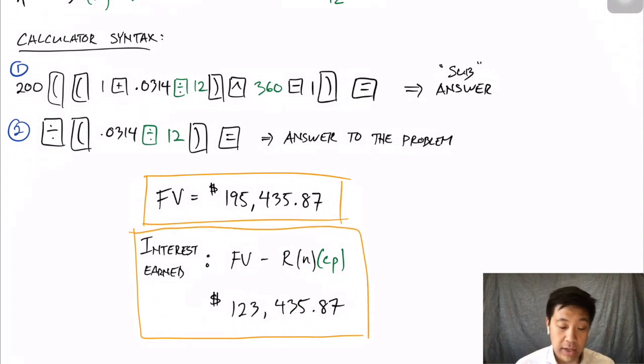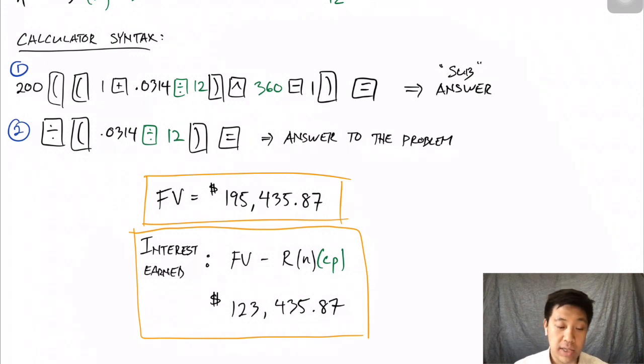So again, future value is how much is in the account after maturity, $195,435.87. And then the interest earned is that same future value subtracting what you deposited every month. So it's not 200 because it wasn't one time.